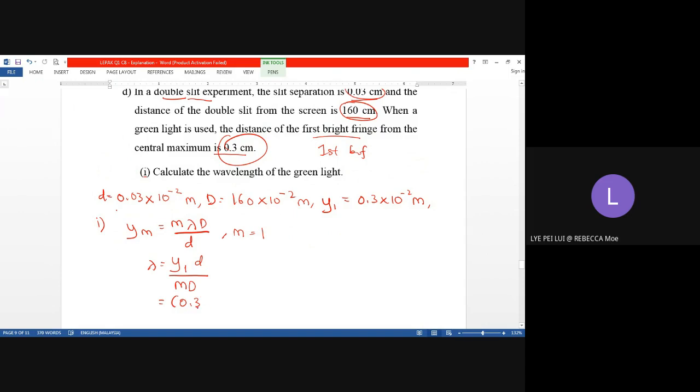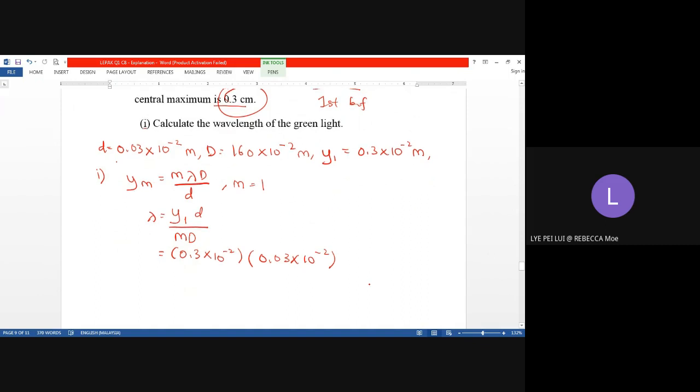So 0.3 × 10^-2, then d separation 0.03 × 10^-2, divided by m is 1, then D is 160 × 10^-2. Then the answer is 5.625 × 10^-7 meter.